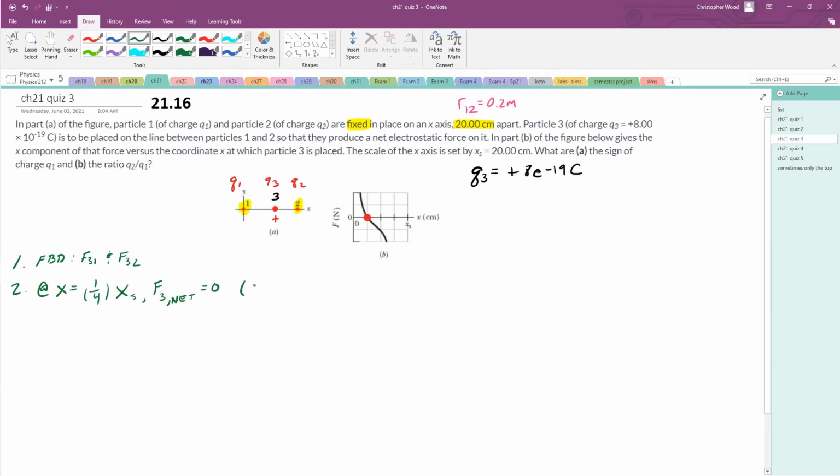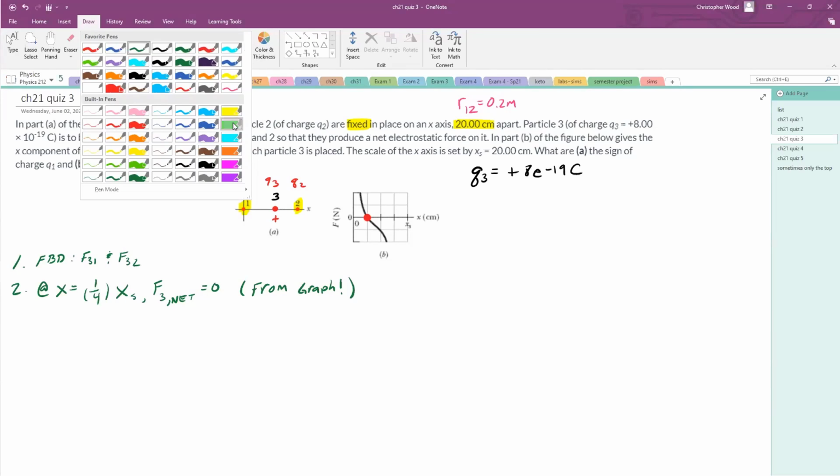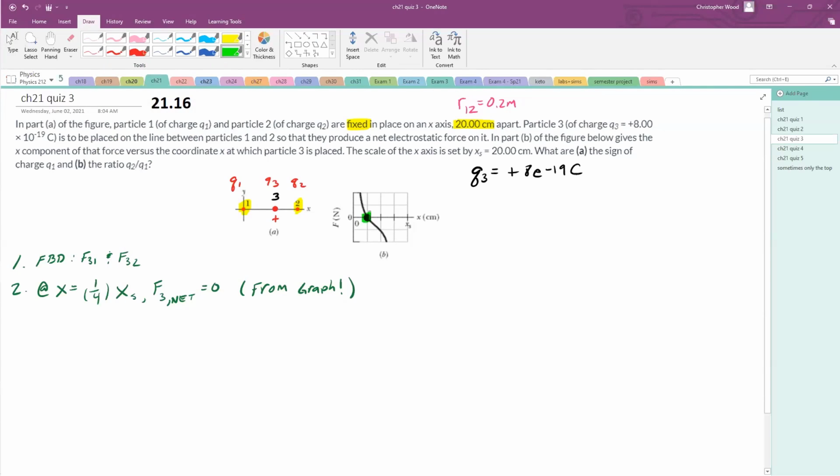So this is again from the graph. Okay, so let's talk about that. Right here at this specific point that I'm highlighting in green, there is no net force on particle 3.